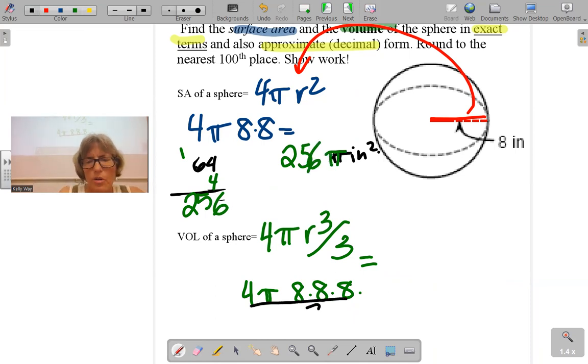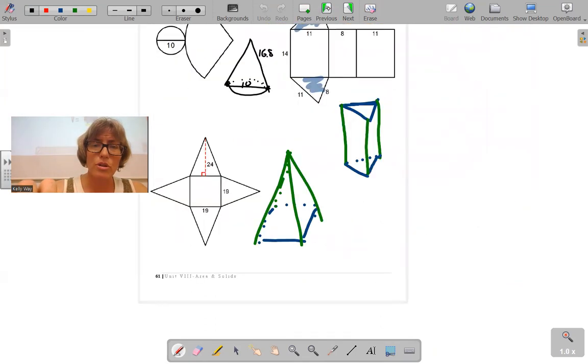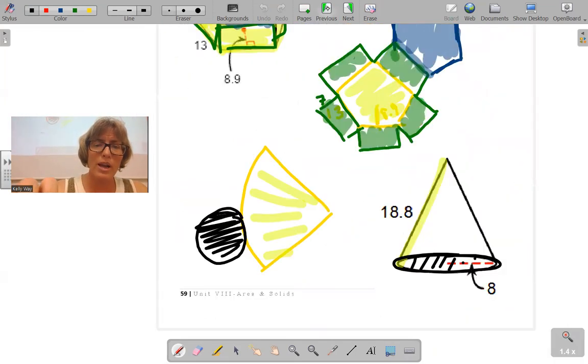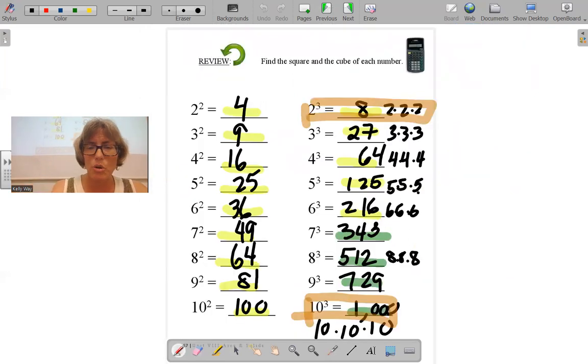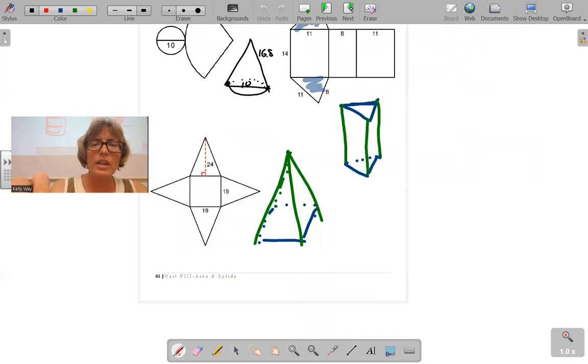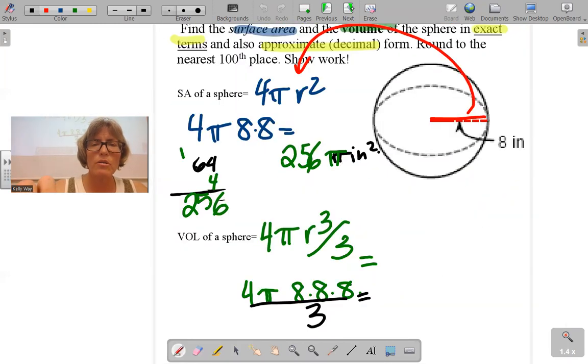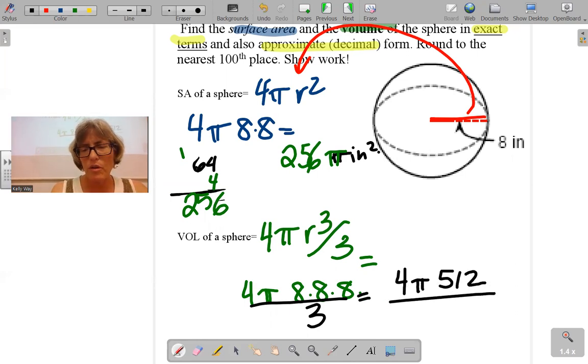This one down here, we are going to go 8 times 8 times 8, which, if you memorized it, you wouldn't have to even get out a calculator. That was 512. 4 pi 512 over 3.